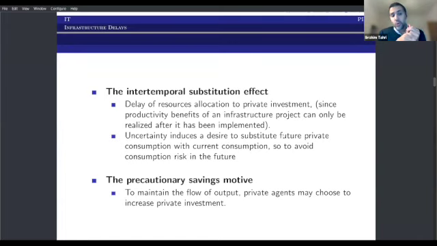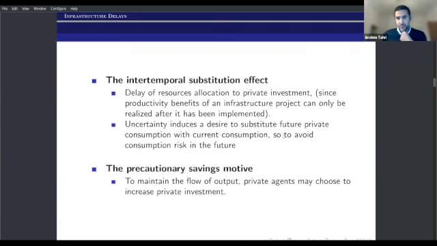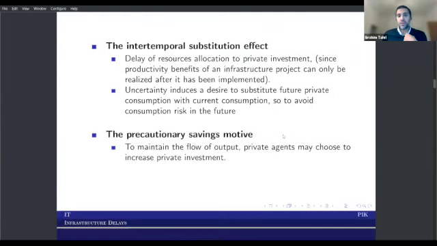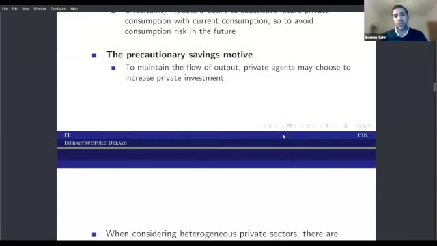Also, uncertainty induces a desire to substitute future private consumption with current consumption to avoid consumption risk in the future. Then you have the other effect, the precautionary saving motive. To maintain the flow of output, private agents might choose to increase private investment. So you have two conflicting effects here, and of course that depends on the data used for the model.